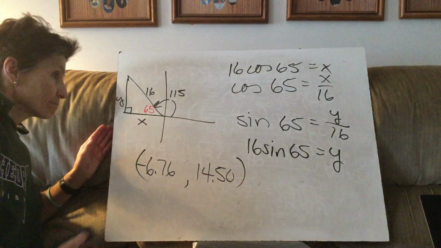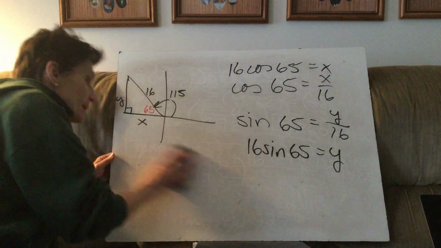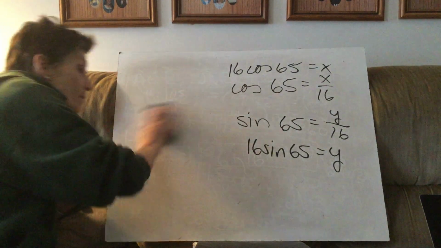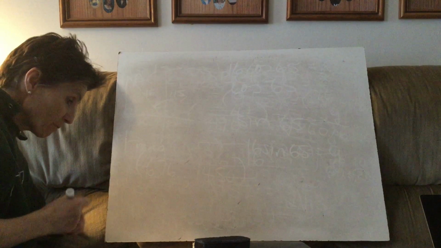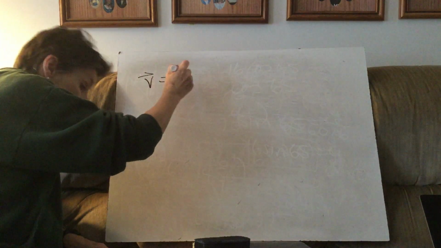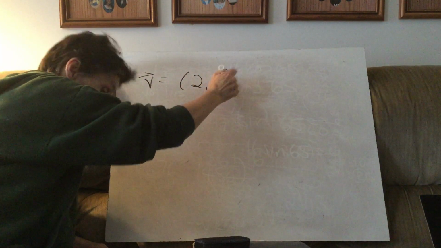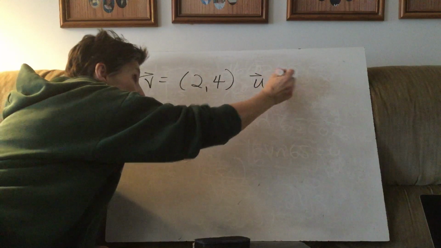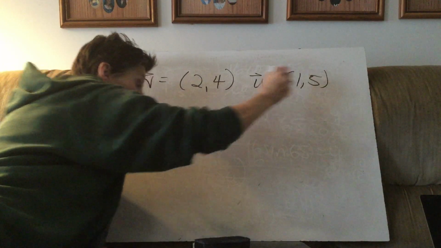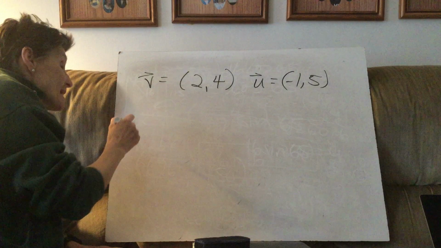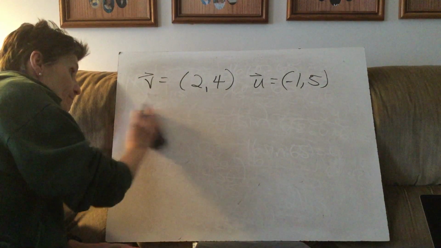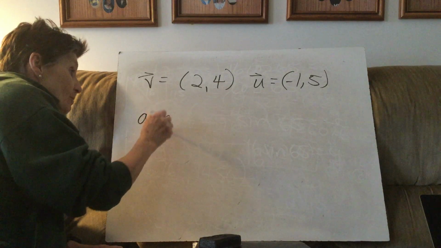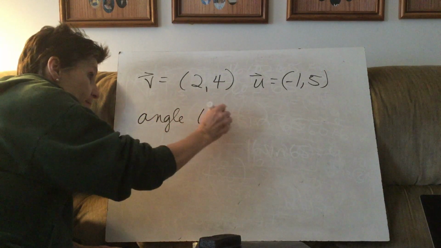Okay. All right. Now we are ready to go to number 5, which gives me two vectors, and we're going to find the angle between them.